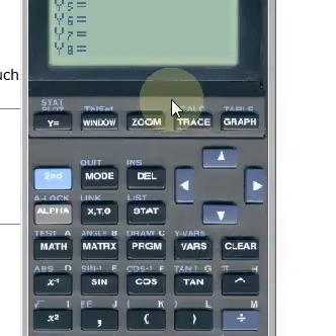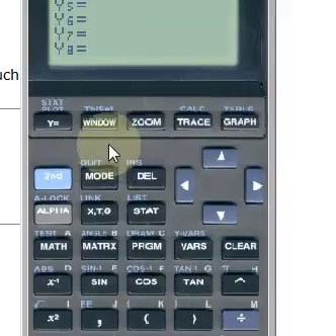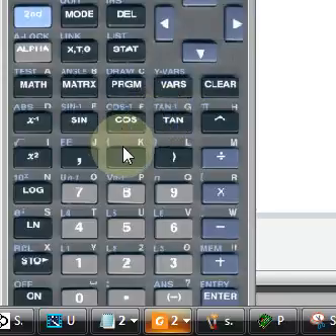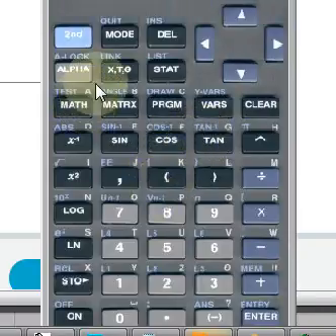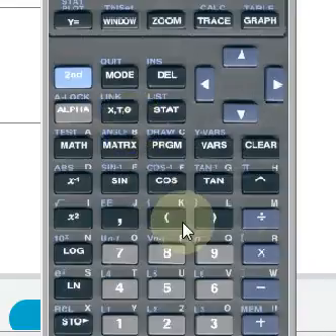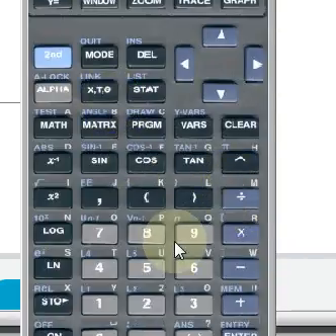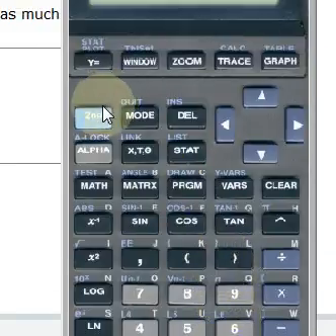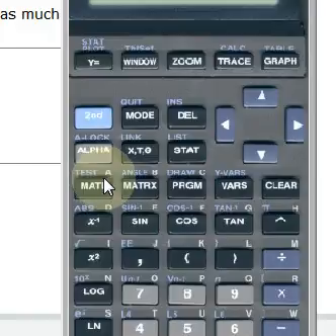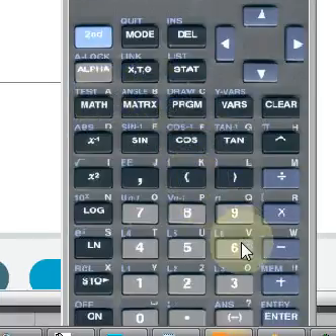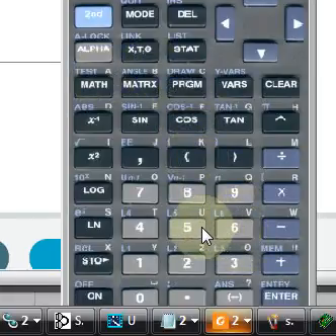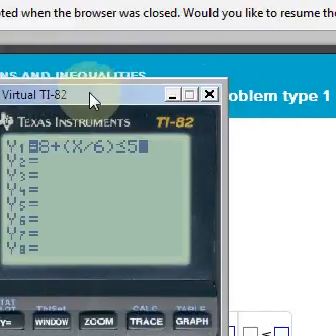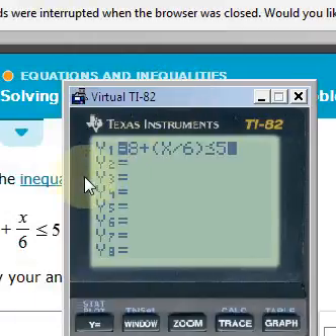We'll put in here 8 plus parentheses x over 6 is less than or equal to 5. Like that. The equation looks like that.